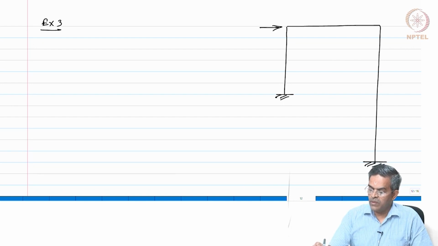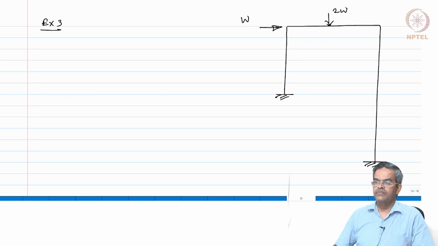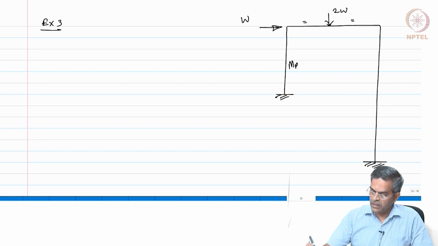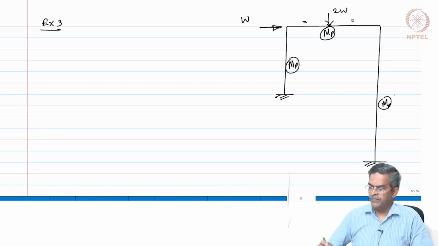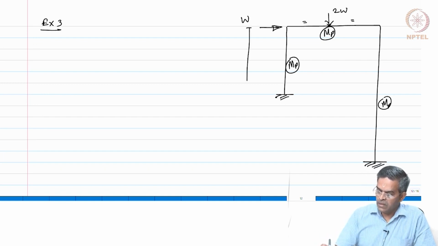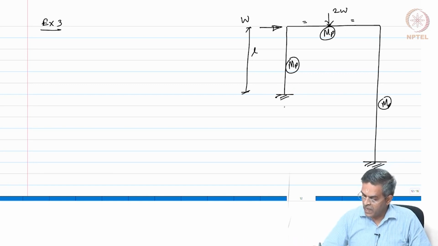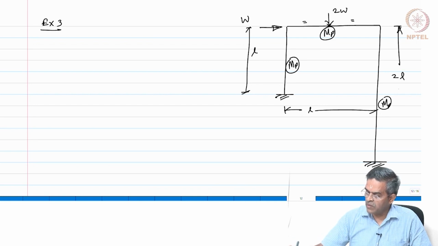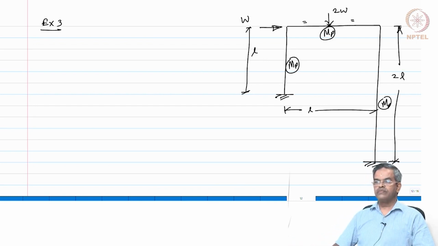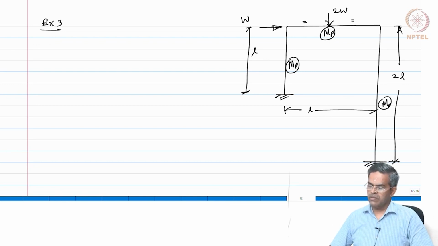There is a lateral load W and there is a central concentrated load 2W at the center, and the capacities of columns and beams are the same. Let us say this height of the column is L and the span of the beam is also L, and the height of the other column is twice of this. So, the question is to find out the true collapse load.